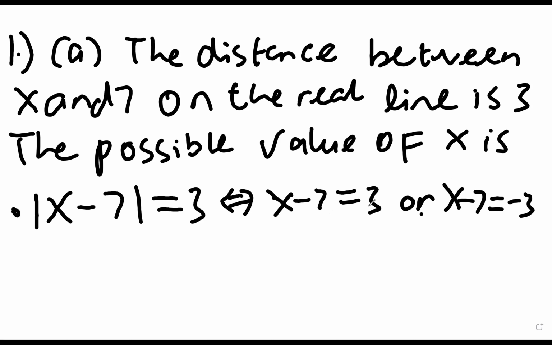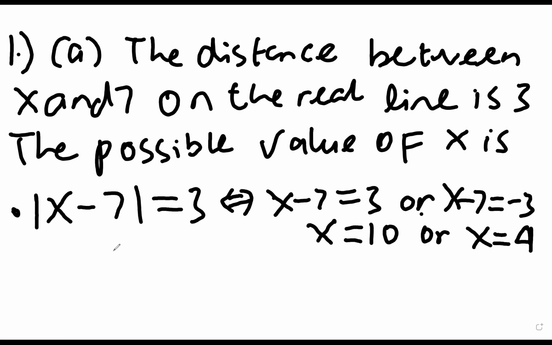So here x minus 7 equals to 3, I have x equals to 10, and x minus 7 equals to minus 3, I have x equals to 7 minus 3 is 4. So the possible value of x is 10 or 4.